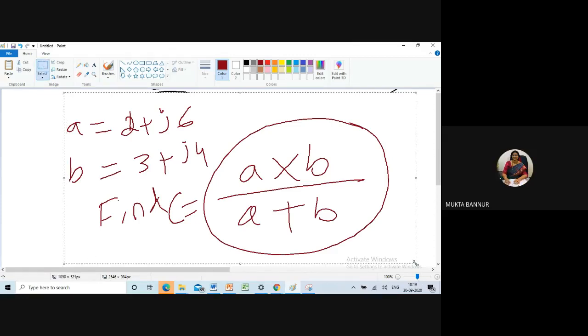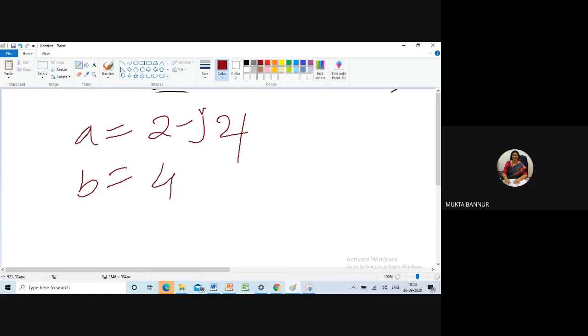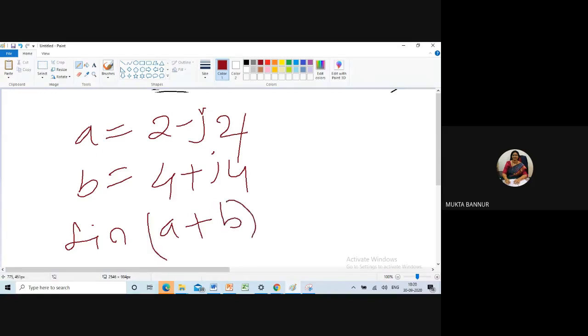Just note these assignments. A equal to 2j minus 4, B equal to 4 plus j4. Find A plus B into A. Will you solve these problems?